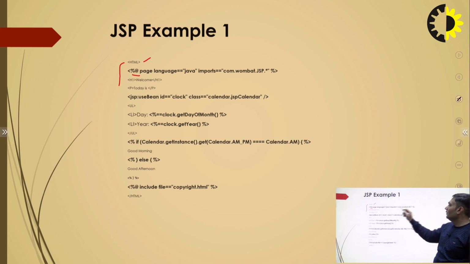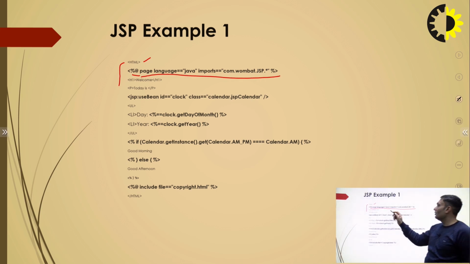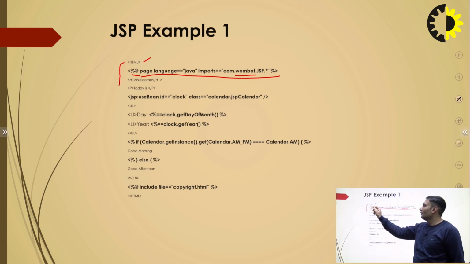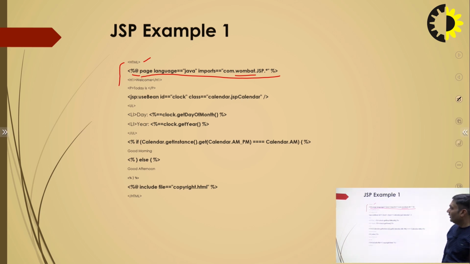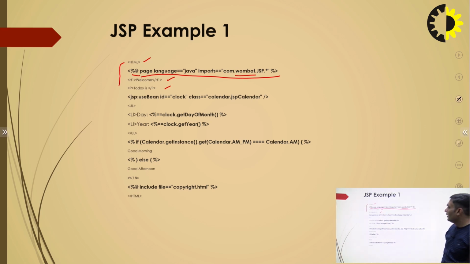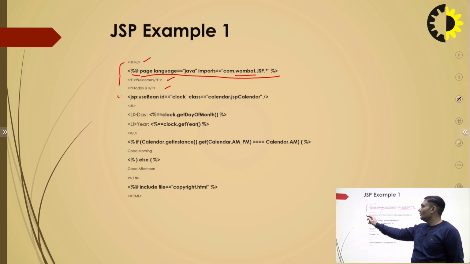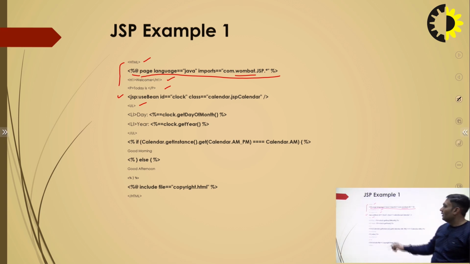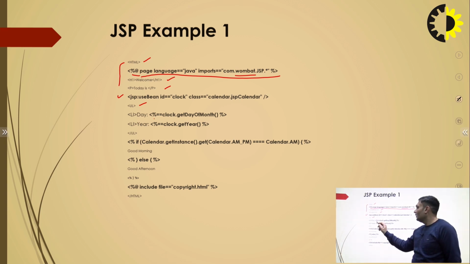So this code is related to Java, where we are just importing some JSP file using this directive tag. Here the code is related to HTML. Again the JSP code is written here, again the code is related to HTML.